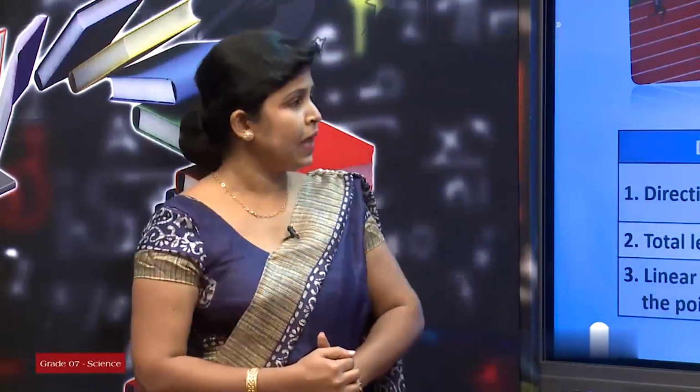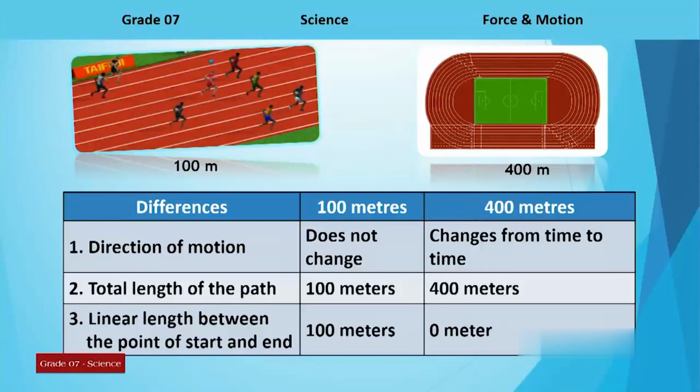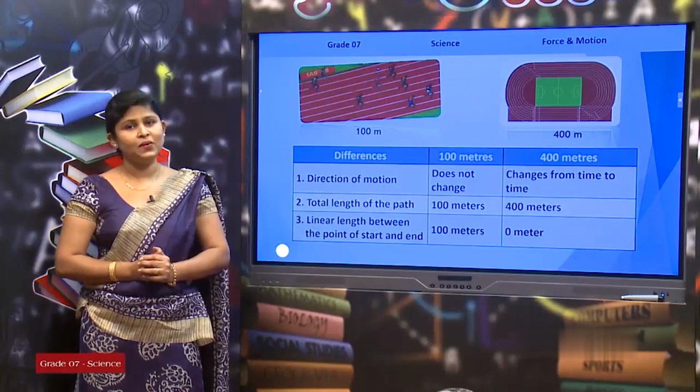We will see. You can observe that in 400-meter running event, the runner has started his motion and he has finished the race at the point where he started. Then we can't say about a straight distance between the initial and final positions. Then we can say that the displacement of this running event is 0 meter. Okay, you can understand.